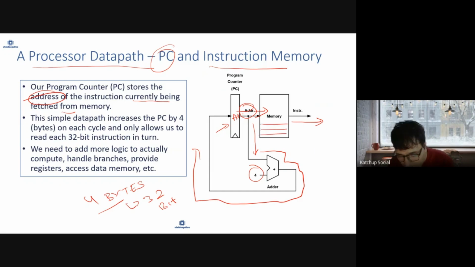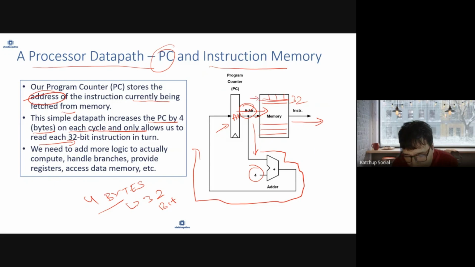The next address will be after 4 bytes, as memory is storing 32 bits. So a simple data path increases the program counter by 4 bytes on each cycle and allows us to read each 32-bit instruction. Okay, so each is 4 bytes.